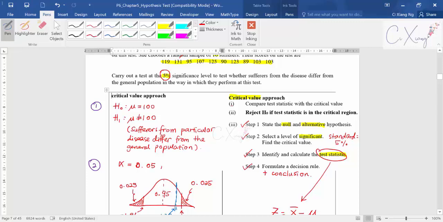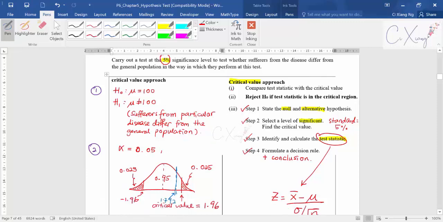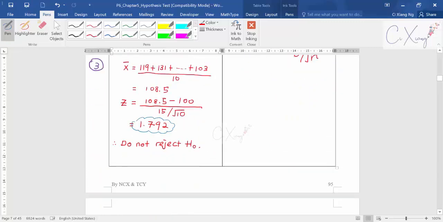The sufferer from the particular disease does not differ from the general population. This is my conclusion, so I will write it out.